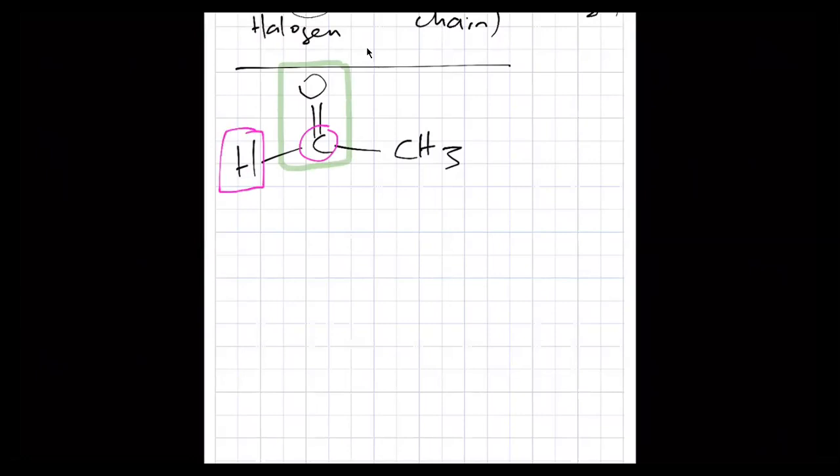Aldehyde. Aldehyde, good. Again, there's no way to really learn functional groups other than memorization, but you can group them together. Like we have alkyl functional groups, now we're doing carbonyl functional groups.